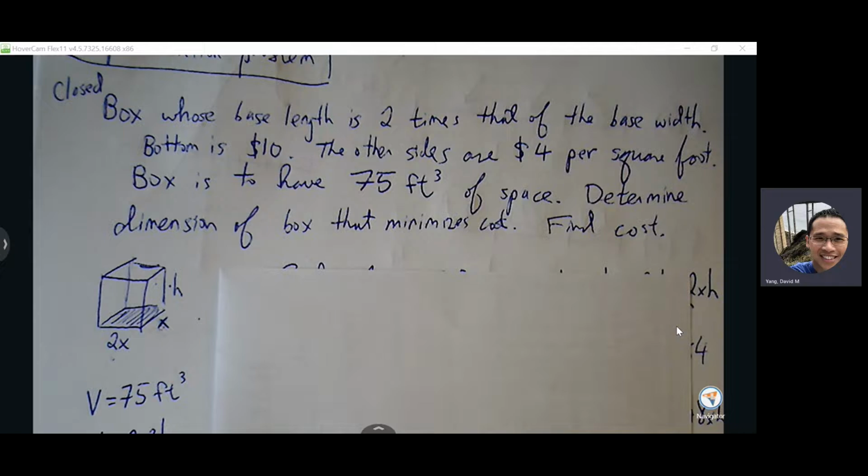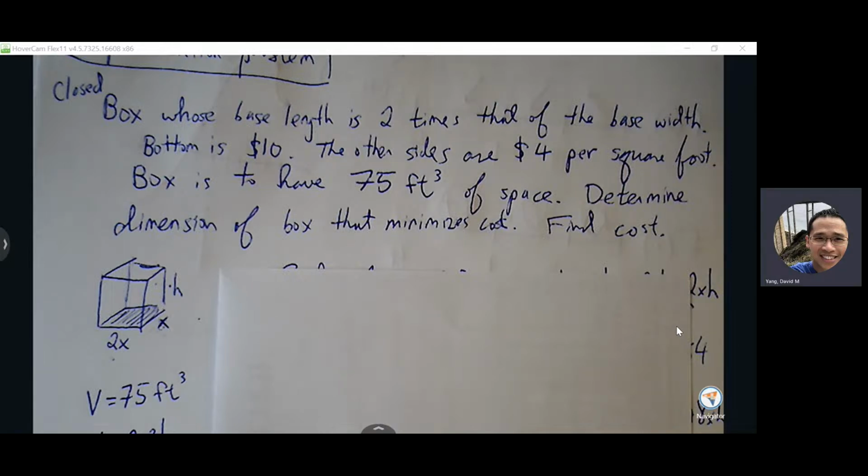The reason why is because we're not paying for the space inside the box. We're paying for the material that makes up the box. So to build our surface area, we're going to find the area of all the surfaces and add them up.